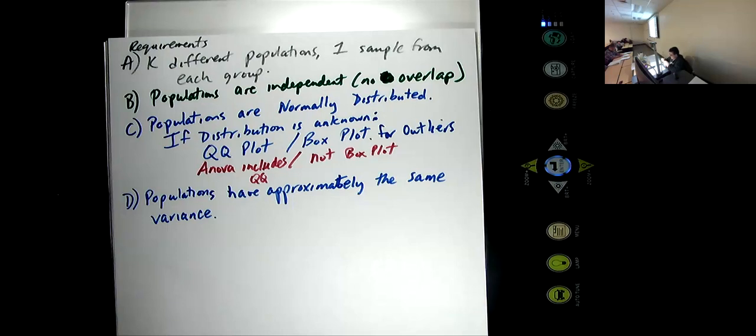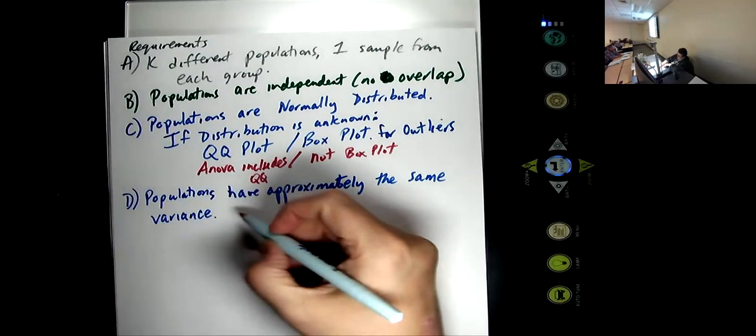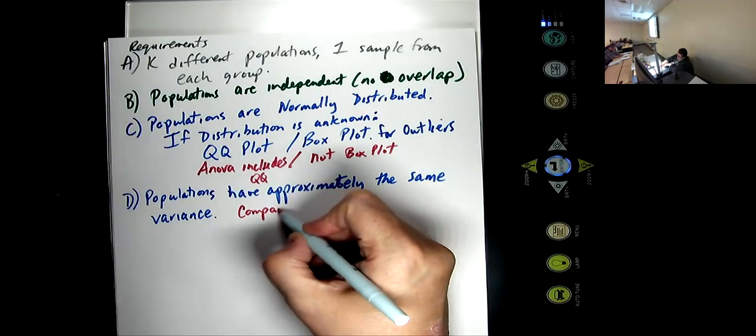Now that seems pretty hand-wavy. So what we do is we don't use variance, we check standard deviations. We compare standard deviations.